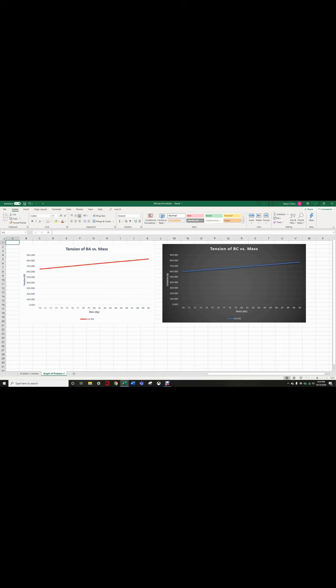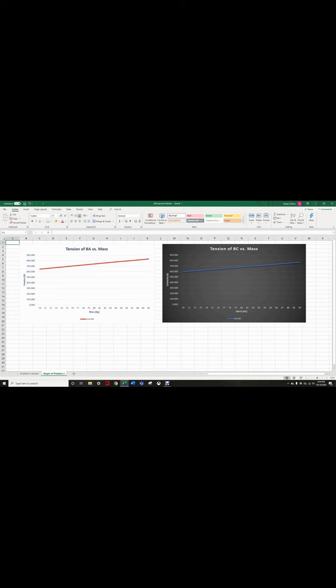The graphs depict a linear relationship between the tension of the cables and the mass of the cylinder. We could also graph the relationship between the angle measurement and the tension, but for this step we'll only take a look at the mass. We have a graph for both cable BA and BC. Our data is graphed as a solid line because it is theoretical data that has been calculated.